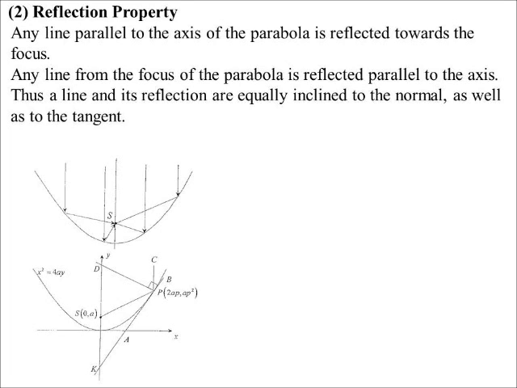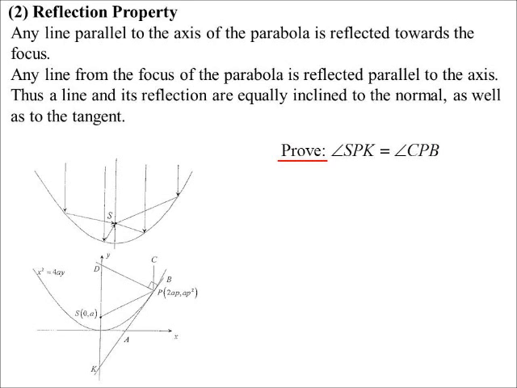But a headlight works in reverse. You put the bulb at the focus, and then the light goes out in all sorts of directions. But once it hits the parabola, it'll always bounce parallel to the axis of the parabola, which is useful for cars, because when you're driving along, you don't really need to know what's to the right or left of you. You're more interested in seeing ahead. So it gets all that light and directs it ahead of you.